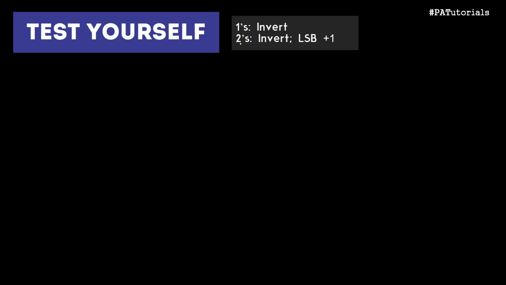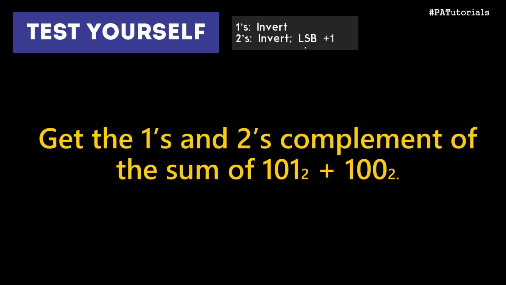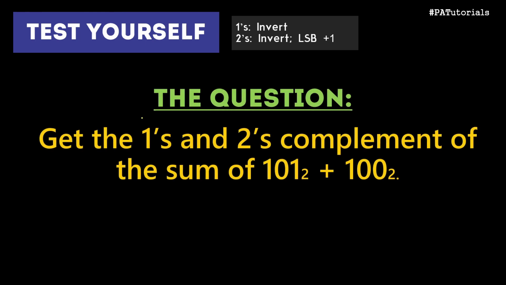For the 2's complement, you can invert the bits first or get the 1's complement, either one because they are the same. And then, we add 1 at the LSB position. Okay? So, the question for today would be this one. Get the 1's and 2's complement of the sum of 101 base 2 plus 100 base 2. Okay?